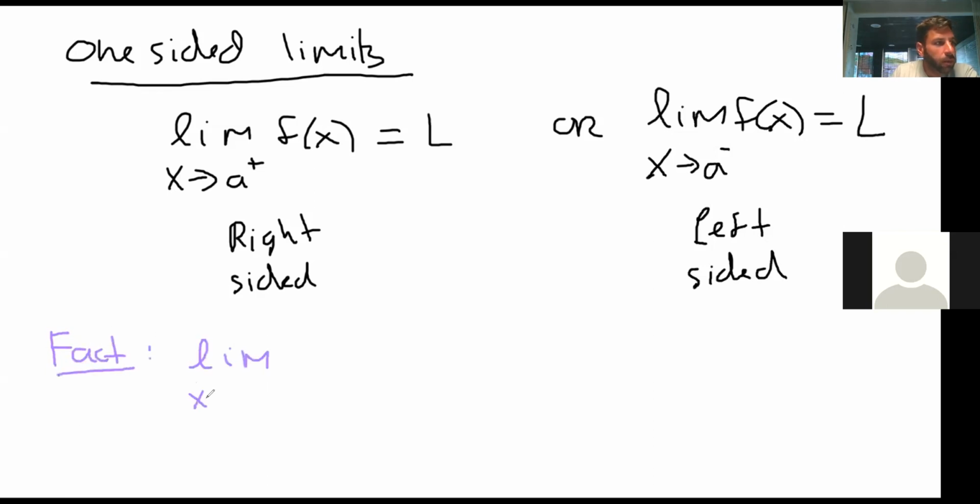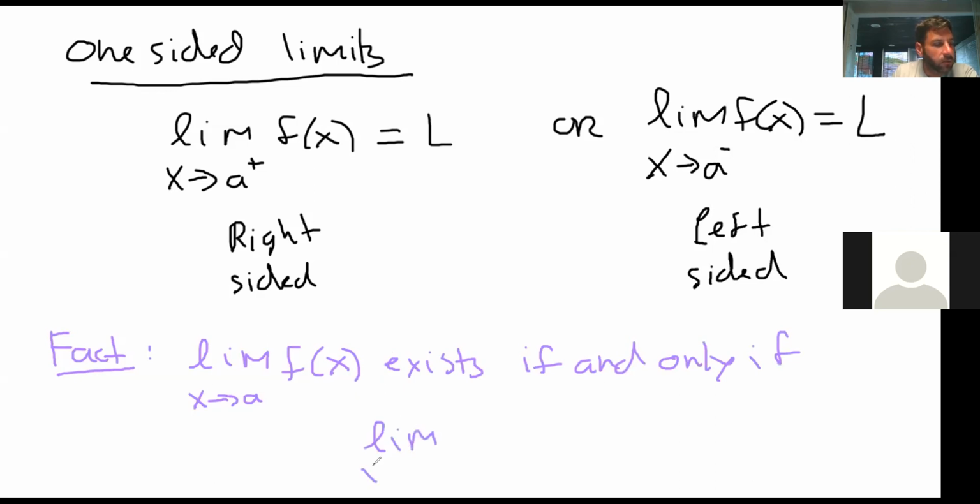The actual limit exists if and only if the left-hand limit and the right-hand limit are equal. That's the only way the limit exists.